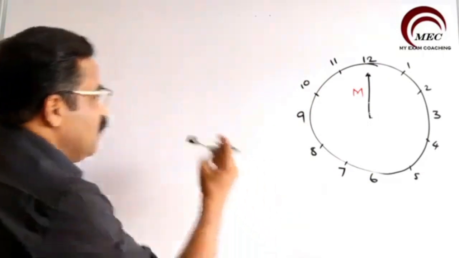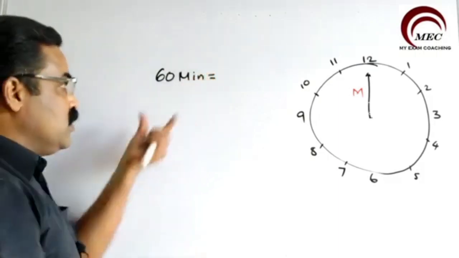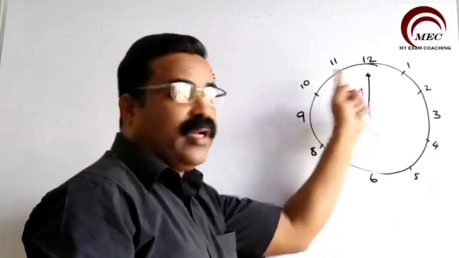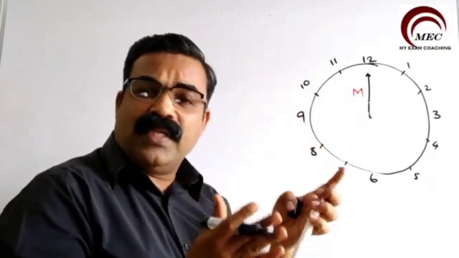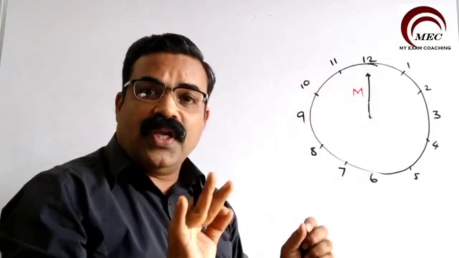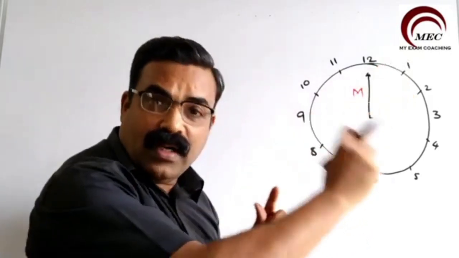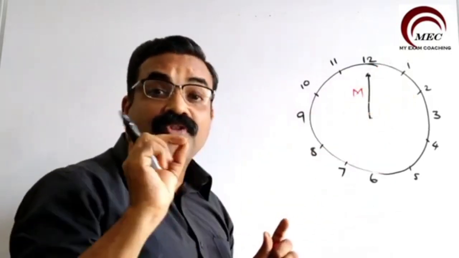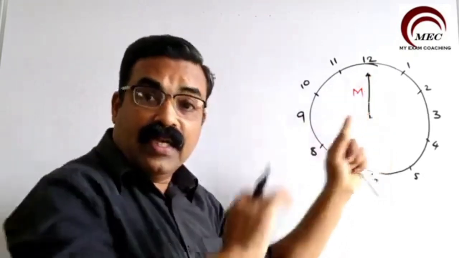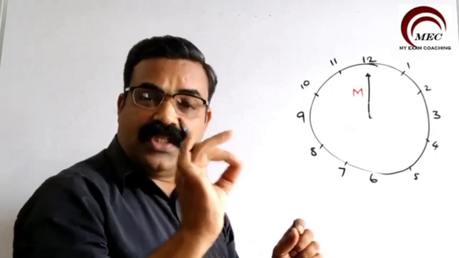So let us write that. 60 minutes is equal to, what is the angle measurement of this full rotation? We have studied from the basic classes that one complete rotation is equal to 360 degrees.